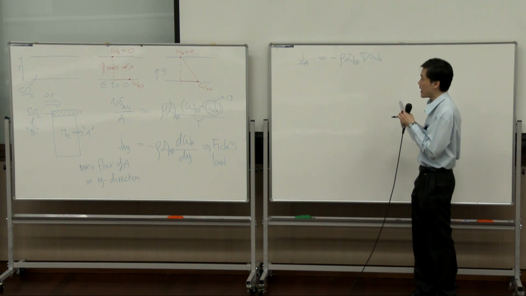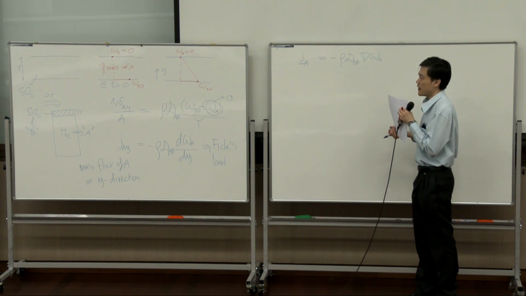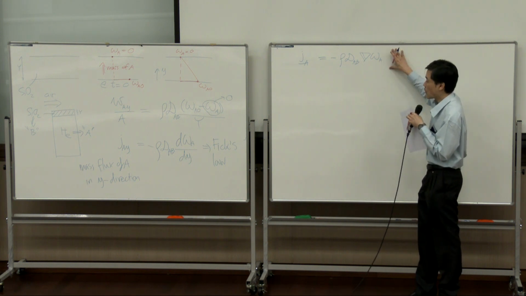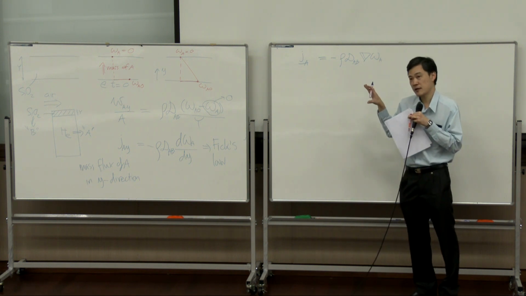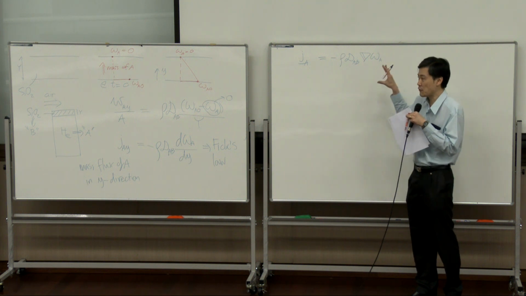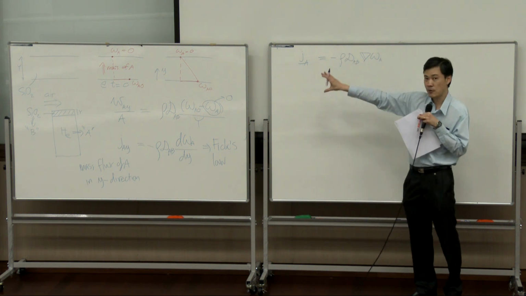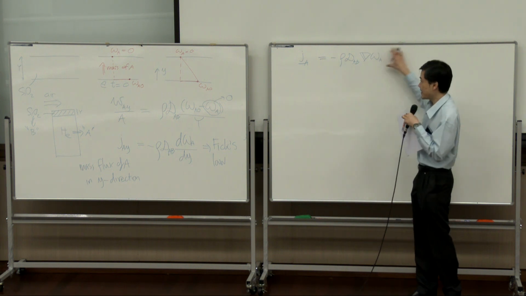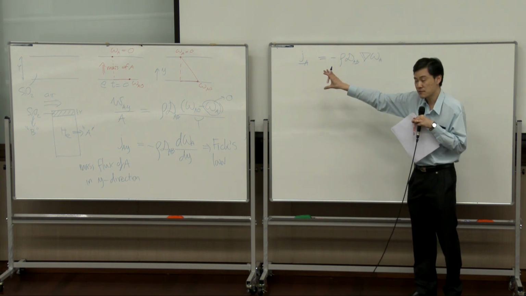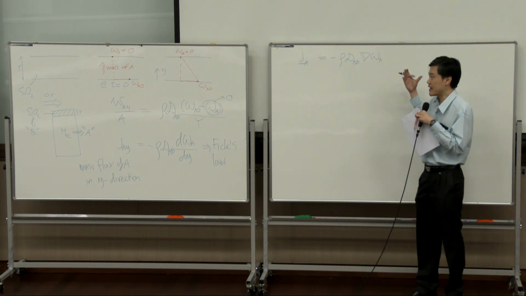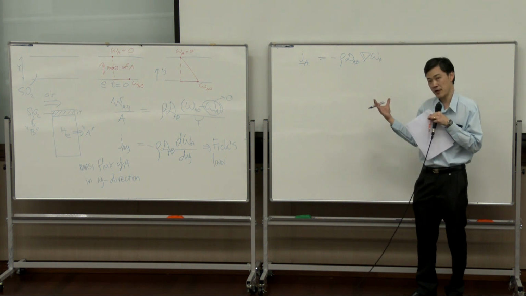Now you have to realize that there are two things about Fick's law. First of all, Fick's law is not theory. Okay? It was derived based on observation of the experiment. Of course, it is not empirical. It relies on some facts, yes, but it does not rely on theory.